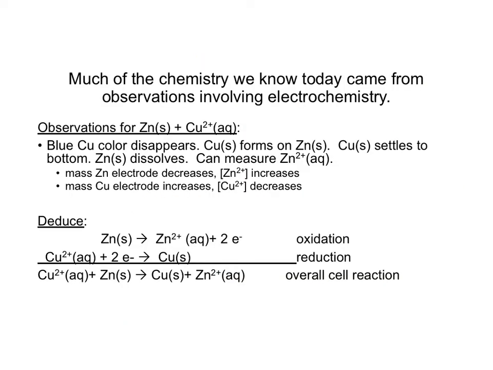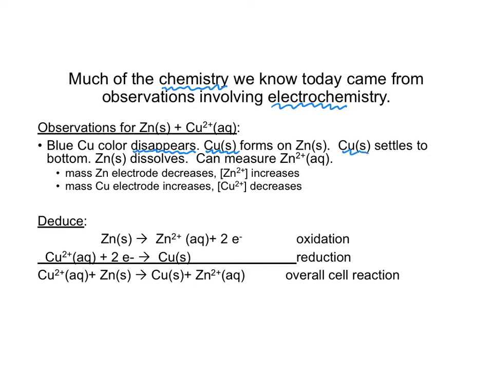Before I go deeper, just about all the chemistry that we know today has come from observations, and many of those observations come from electrochemistry. If we were doing this in class, we would see the blue color start to disappear. We would see the copper form on the zinc and settle to the bottom.